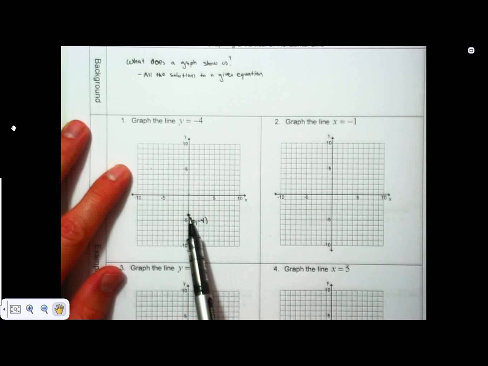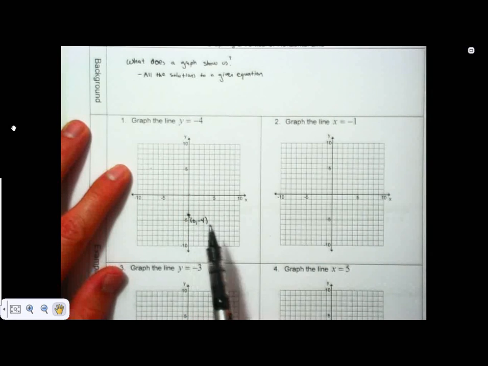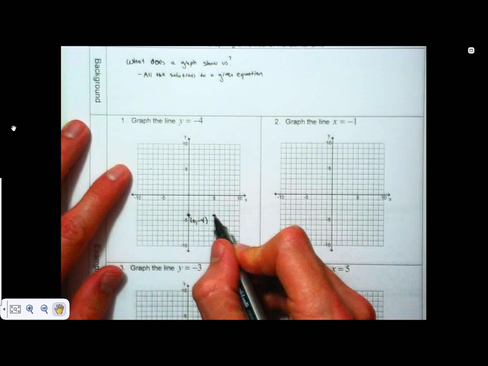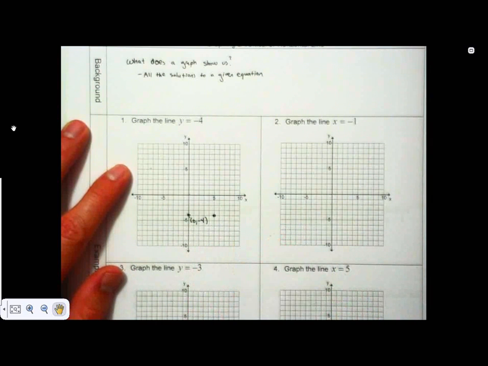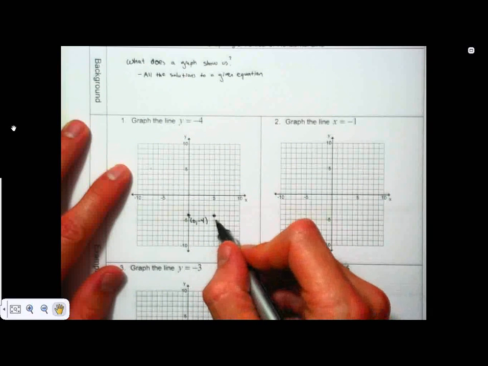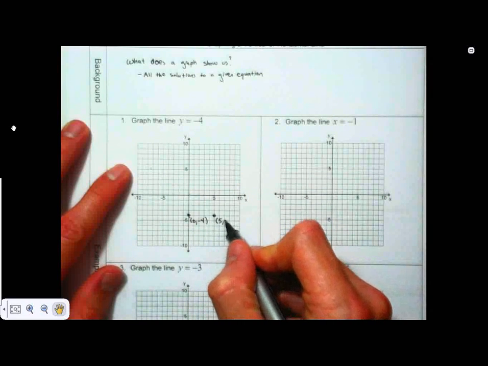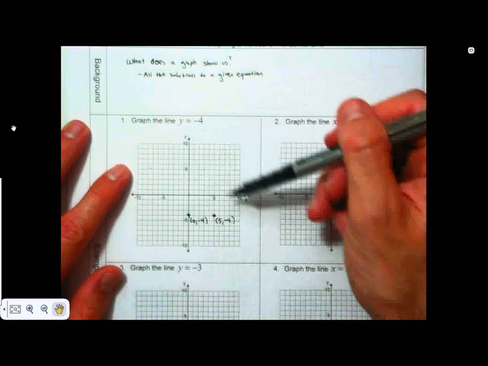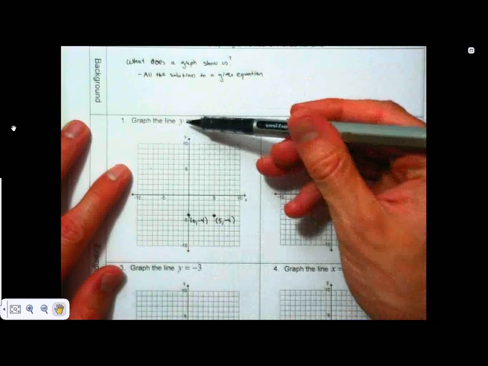So the question becomes, is this the only point where the y coordinate is -4? No, actually, there are a lot of points where the y coordinate is -4. For example, if I choose this point over here, its coordinates are (5, -4). Does that work in the equation? Is the y coordinate equal to -4?